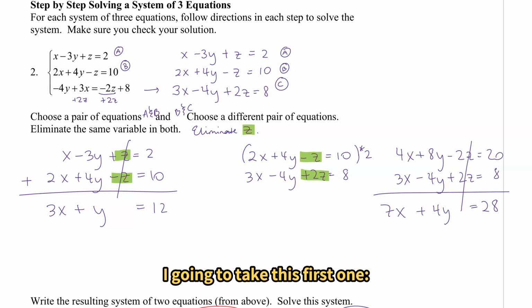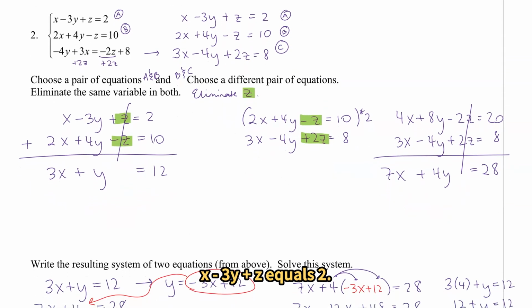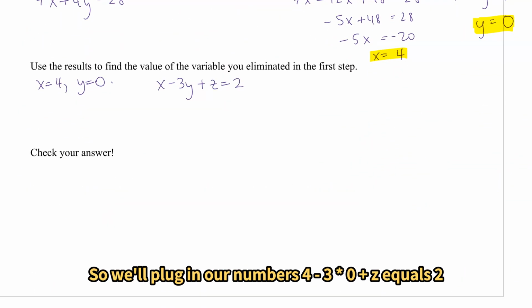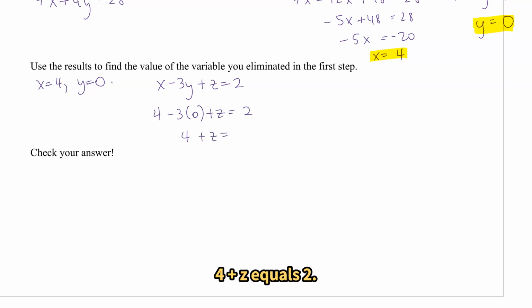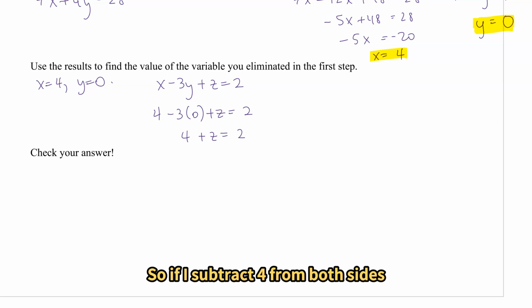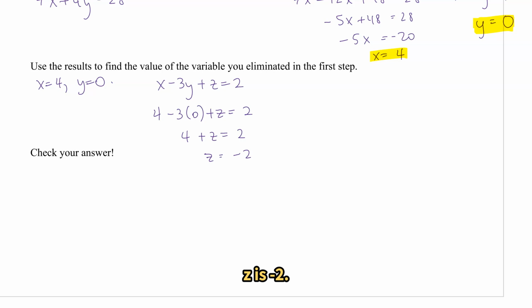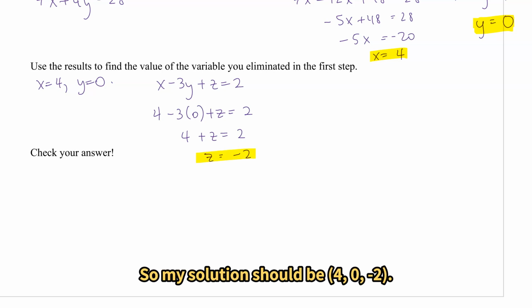I'm going to take this first one, x minus 3y plus z equals 2. So we'll plug in our numbers, 4 minus 3 times 0 plus z equals 2. 4 plus z equals 2. So if I subtract 4 from both sides, z is negative 2. So my solution should be 4, 0, negative 2.